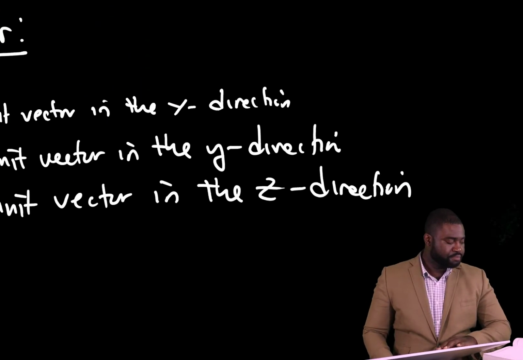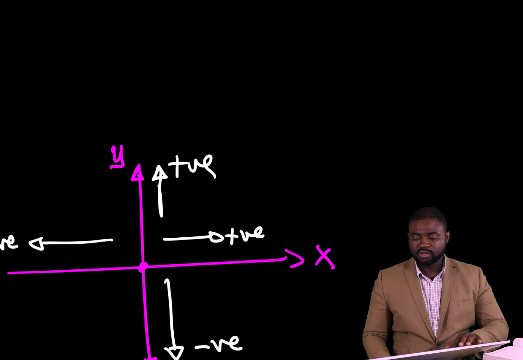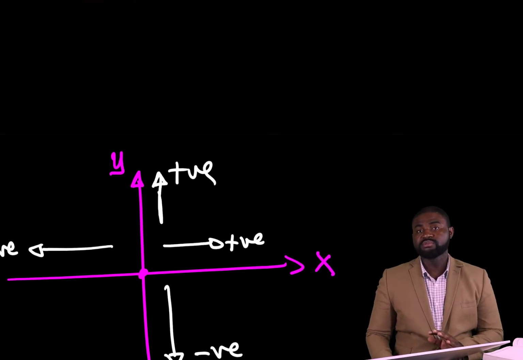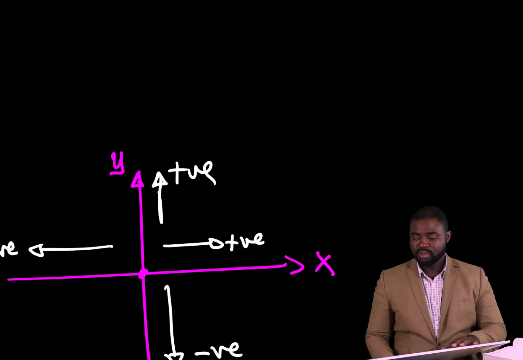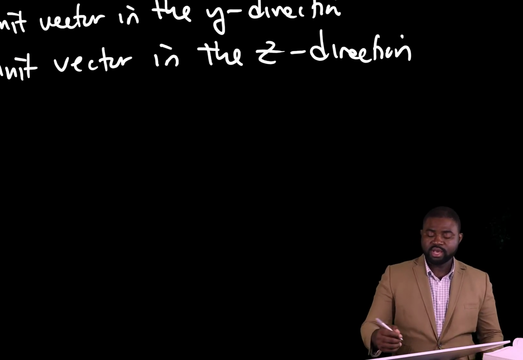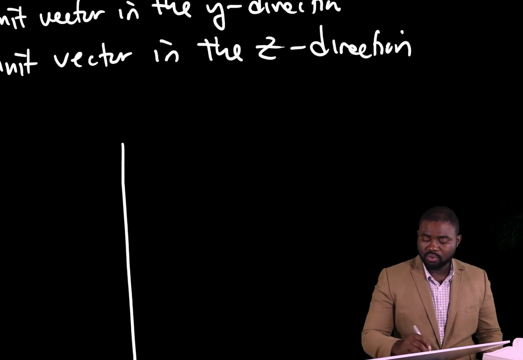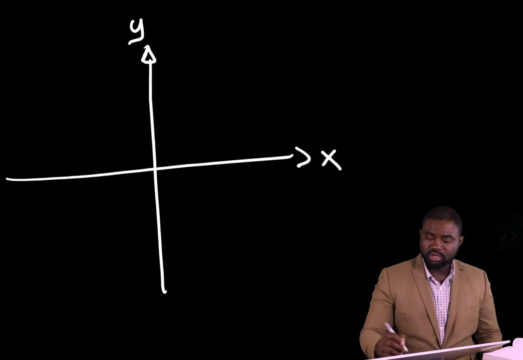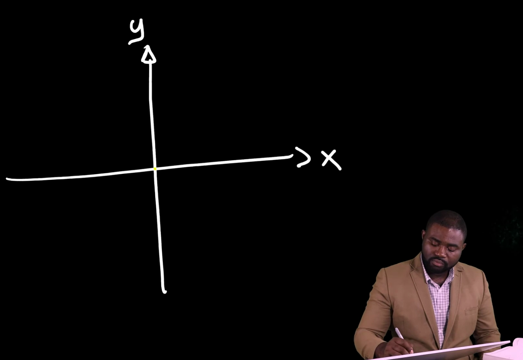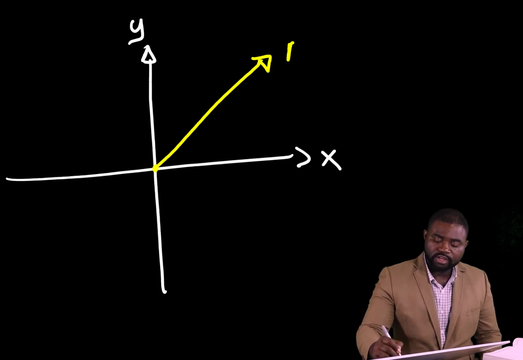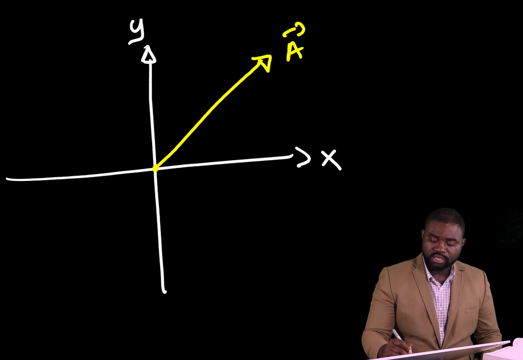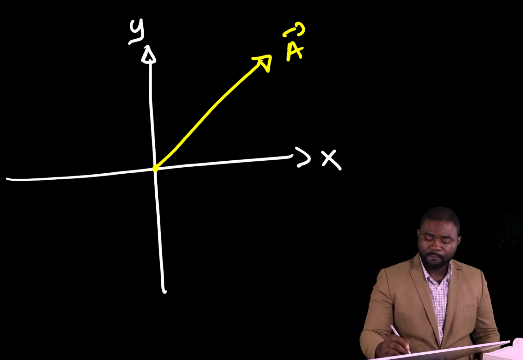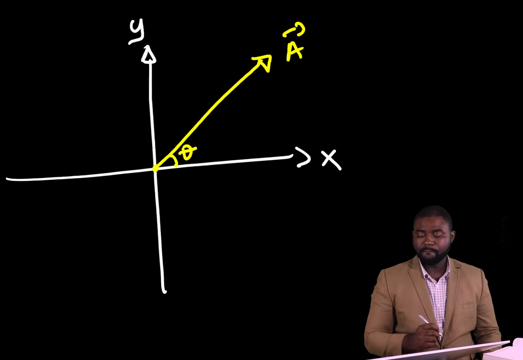And lastly, keep in mind that the fact that we have introduced unit vectors automatically gives us a sense of direction, which makes the description of vectors much easier. Let's say that this is our coordinate axes, this is the x-axis, and this is the y-axis, and we have a vector. This is a vector A. You recognize that the vector A is found in the first quadrant. Let's say this angle is theta.